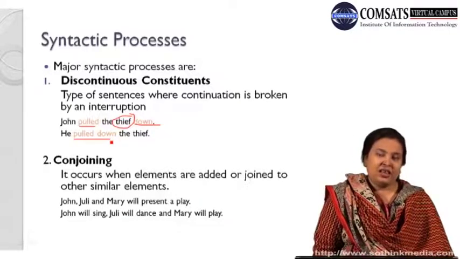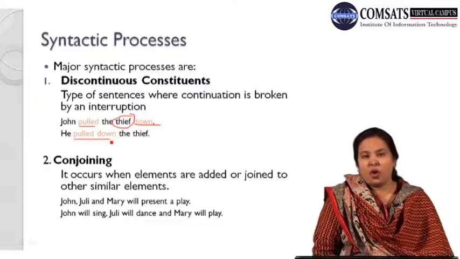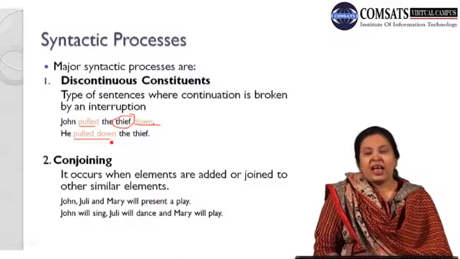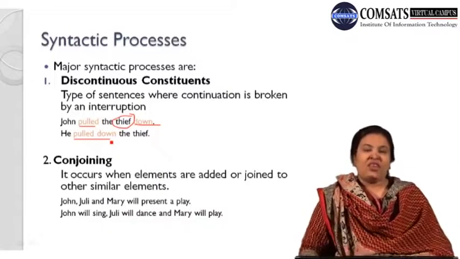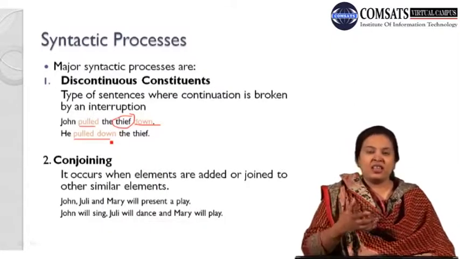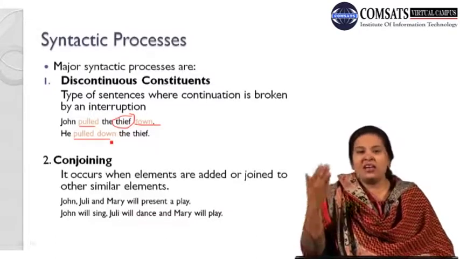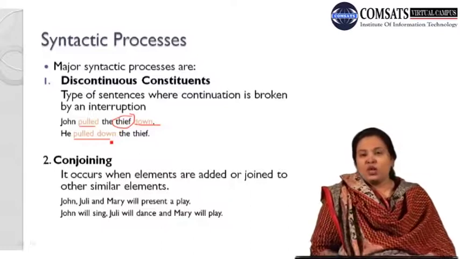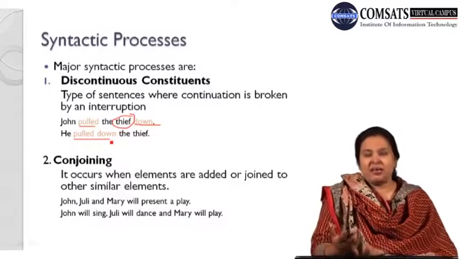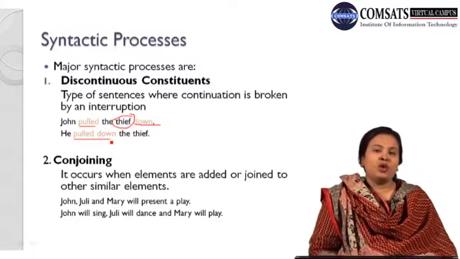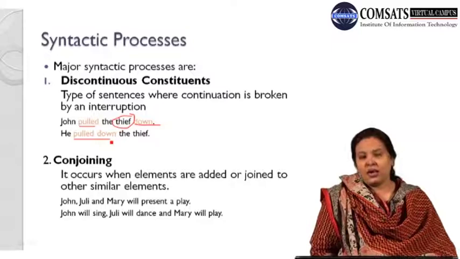Then there is another syntactic process which is known as conjoining. What is conjoining? Actually, when a sentence is composed of a simple number of elements and you keep on joining and adding different and similar elements, you get a syntactic process known as conjoining.